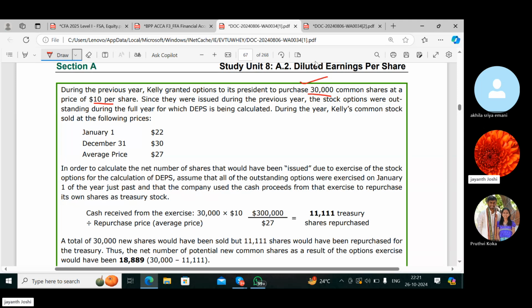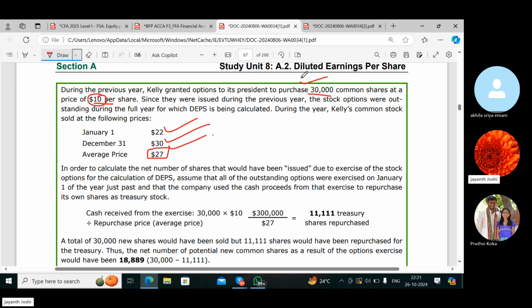Given to the director of the company. So now, if he has to consider this option, he will check what is the price going in the market. On Jan 1st, the price was $22. On 31st December, the price of the stock was $30, and the average price is $27. Seen here. So something which is trading at 27 and offered at $10, definitely it's a good deal. So the president will definitely exercise this option.